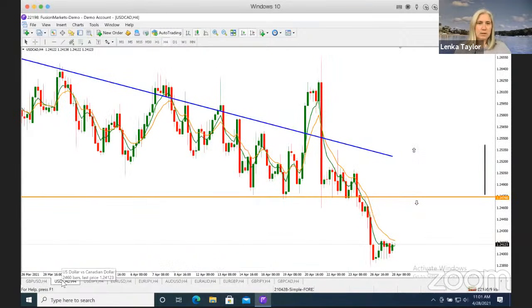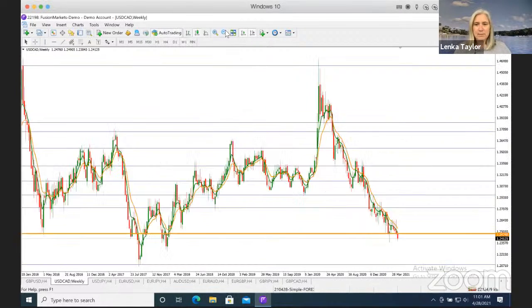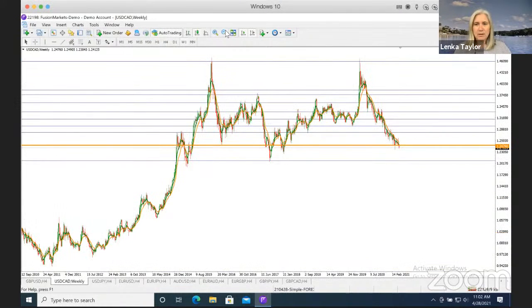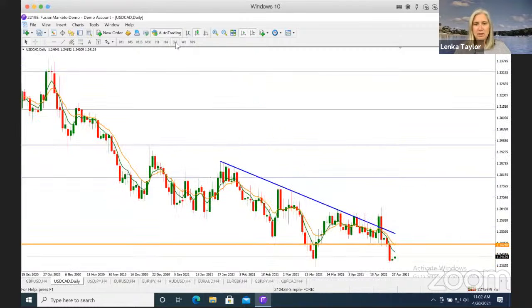Next currency pair I'm looking at is USD CAD. So USD CAD at the moment is going down, but there is that level of support. So I'm just conscious of that and looking at how the price will react at that point.